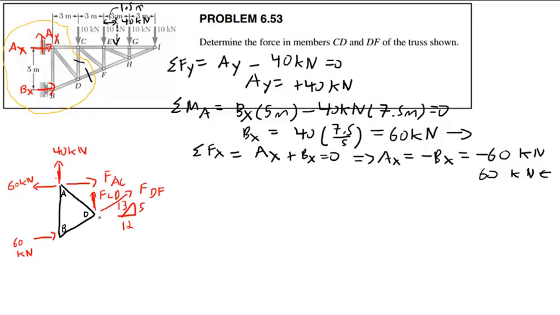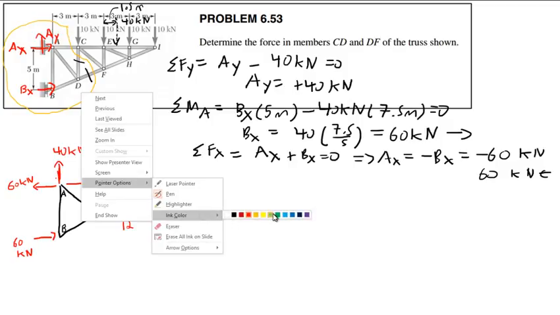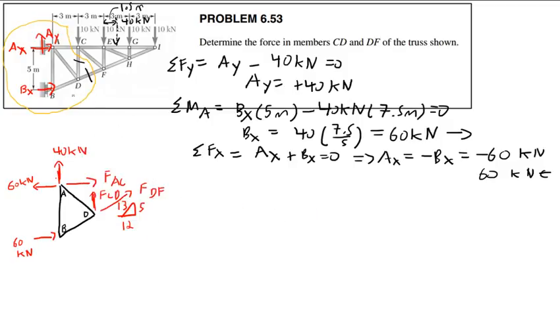Now, let me label a few dimensions on here. I think that'll help. Namely, I have this horizontal dimension here, 3. But this dimension here, I'm going to need for moments, I think. This one here, the vertical dimension, has to be 5/4, or 1.25 meters. How did I get that?